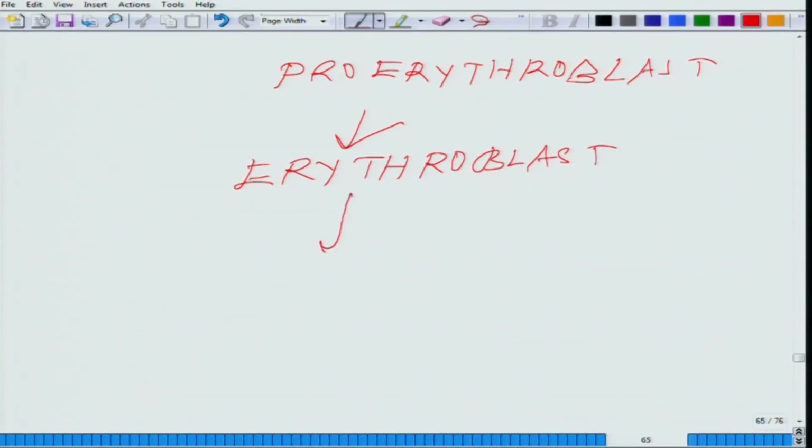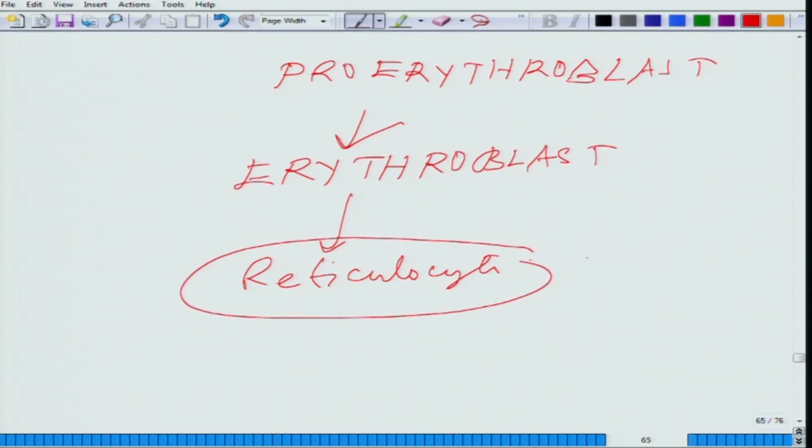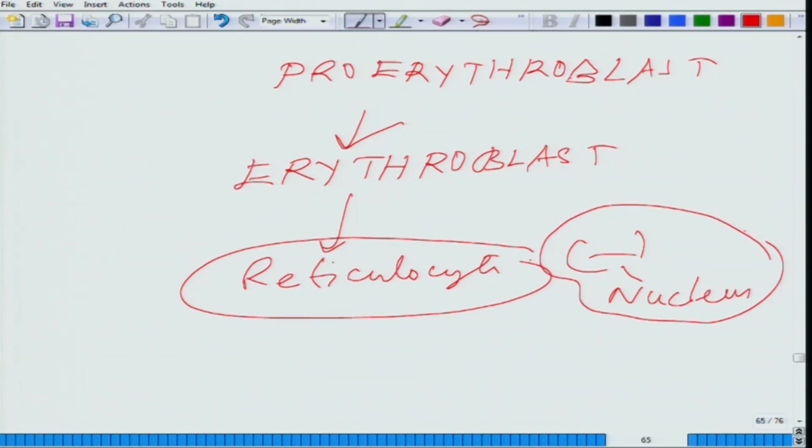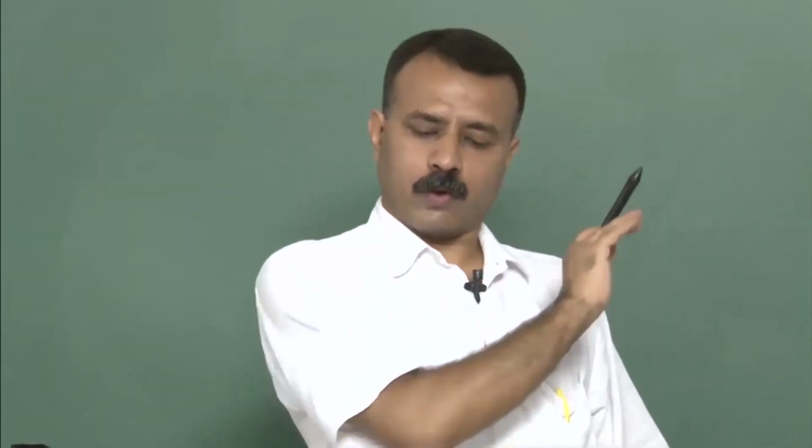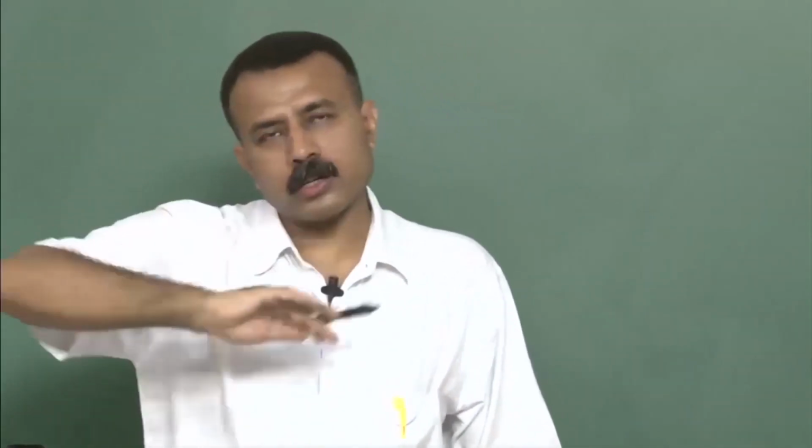And from here it forms something called reticulocyte, and reticulocyte is the phase when it starts losing the nucleus, which I showed in the first class, because of 15-lipoxygenase activity.